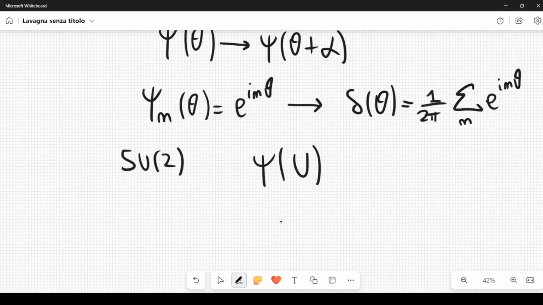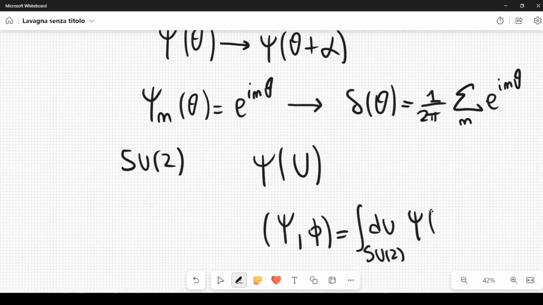Then we can define here as well an inner product psi phi that we define as an integral over SU2, in this case, du, and then we have psi of u star phi of u, something like this.